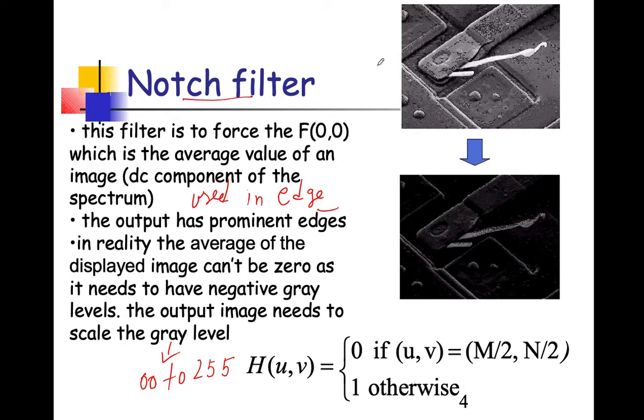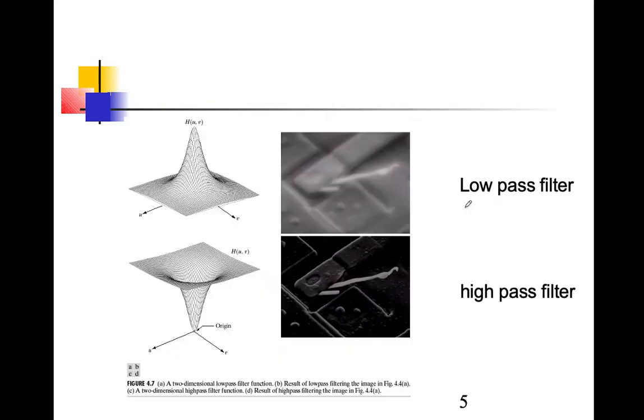Here in the example you can see we have a lot of noise. When you apply this image to the notch filter, we get the output in this form, and here we can see the edges properly. The edges pop up or are exposed properly. So, this is the notch filter.